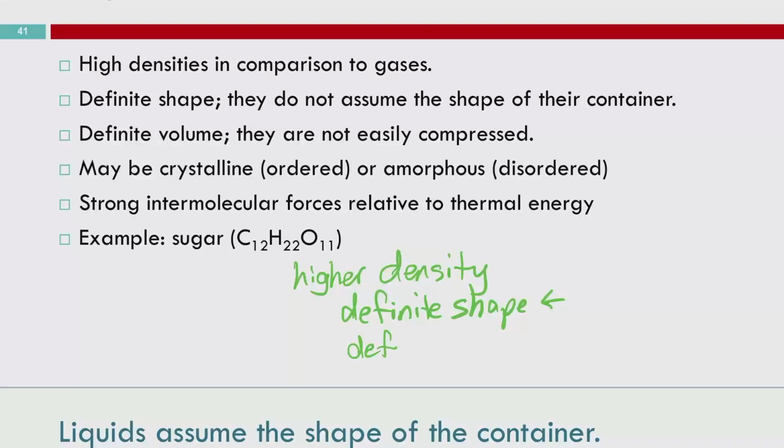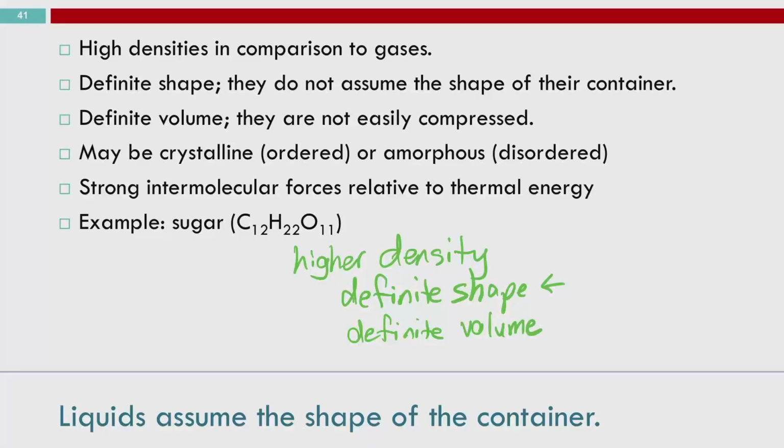They also have definite volume like liquids because they're touchingly close. We can have crystalline, ordered, or amorphous, disordered. These are going to have the strongest intermolecular forces relative to thermal energy.